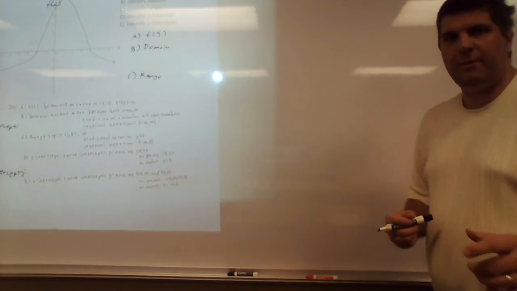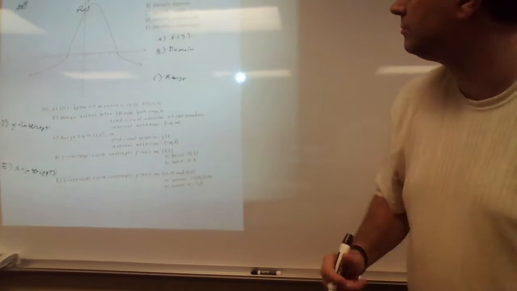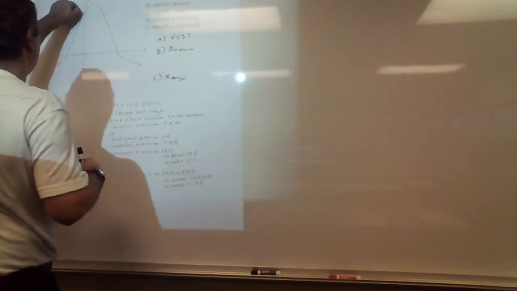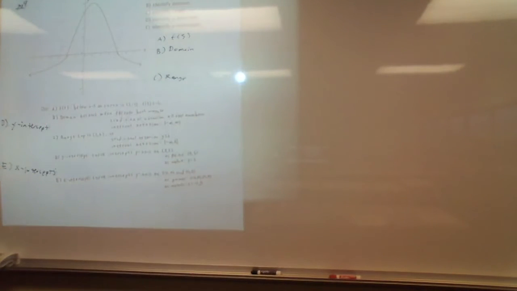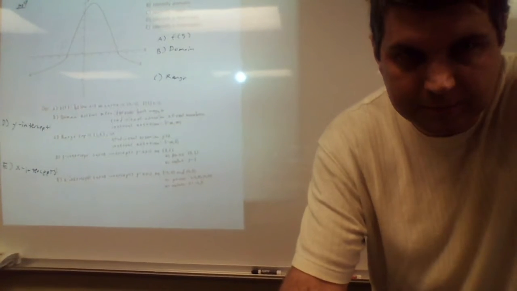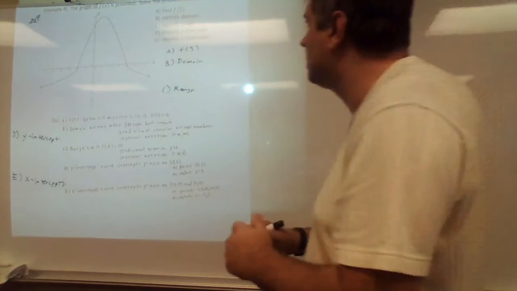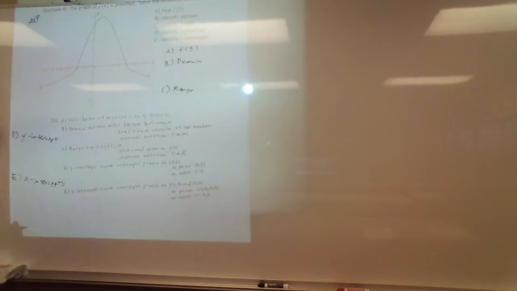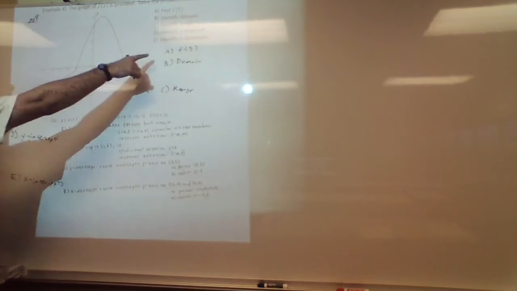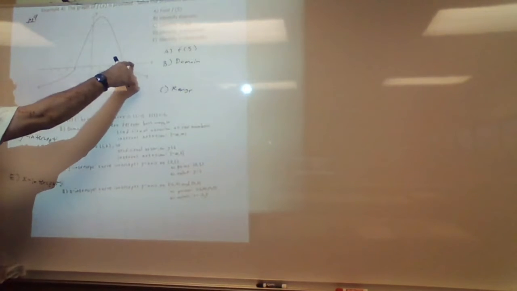All right, we are on page 9. Here we have f of x graphed. And the question asks what f of 5 is. Well, I go to where x equals 1, 2, 3, 4, 5.